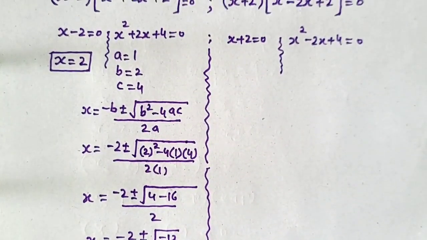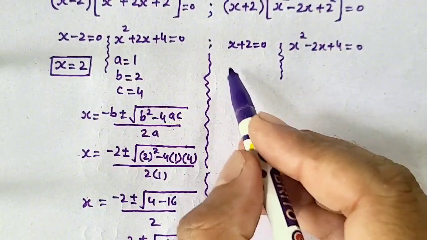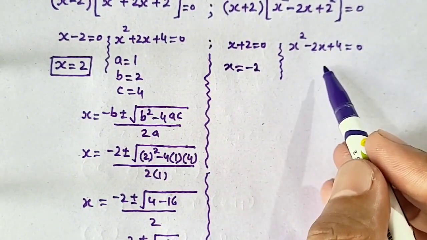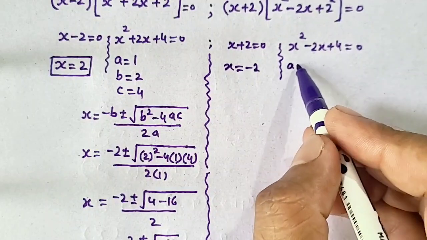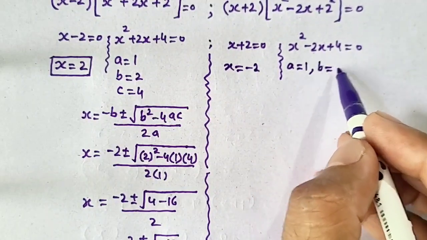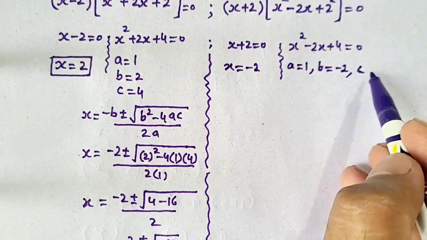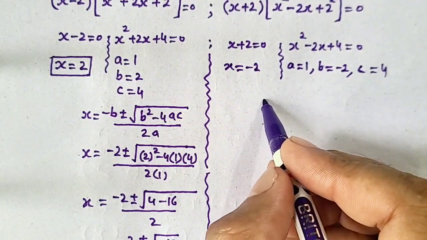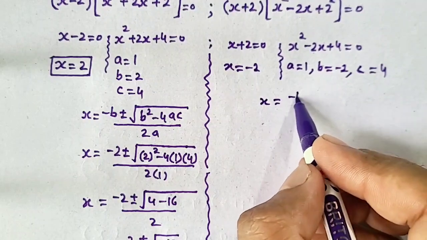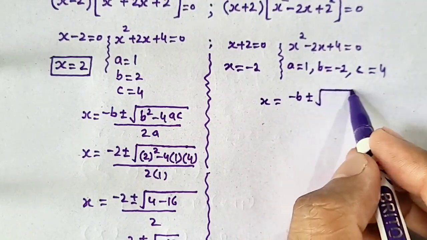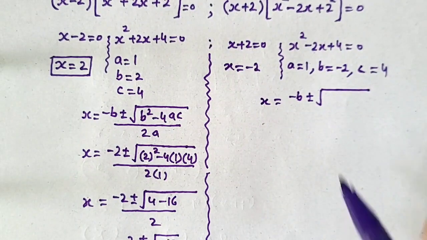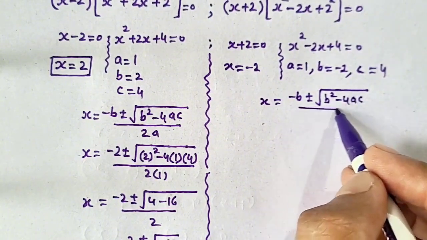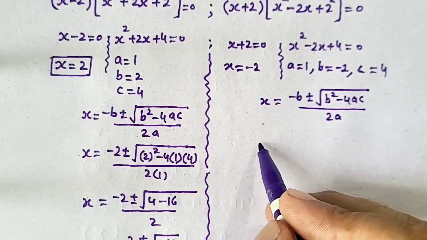Similarly, from this, we will get x is equal to minus 2. And here we will apply the quadratic formula. So a is equal to 1, b is equal to minus 2, and c is equal to 4. So x will be equal to minus b plus minus square root of b squared minus 4ac, divided by 2a.